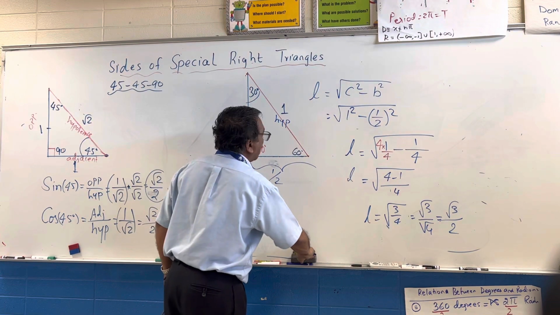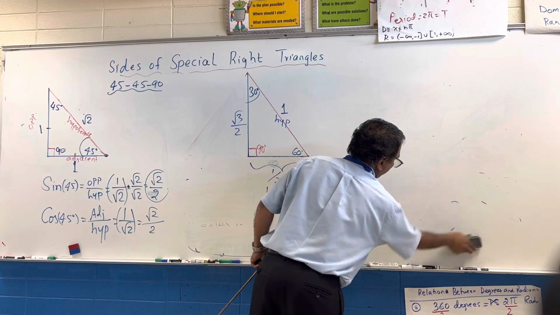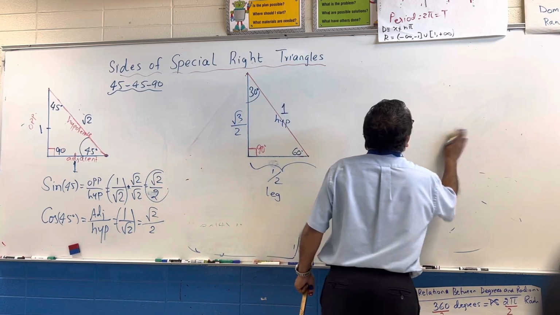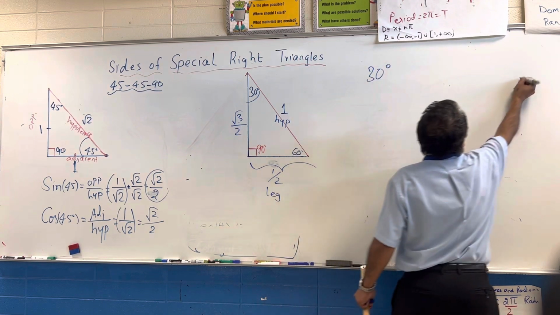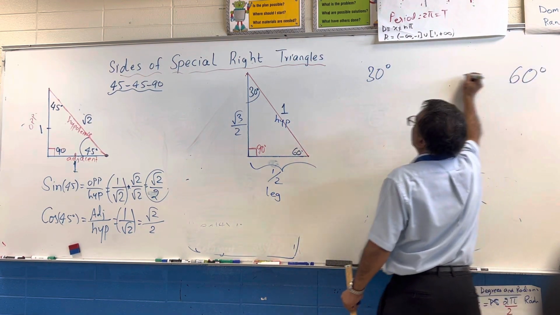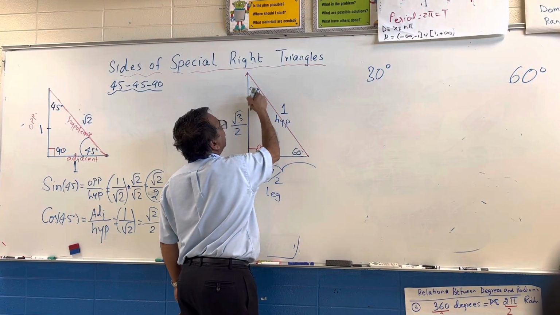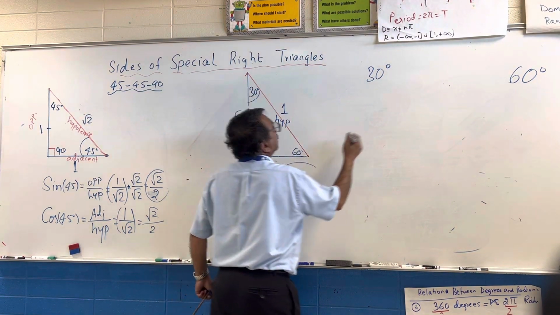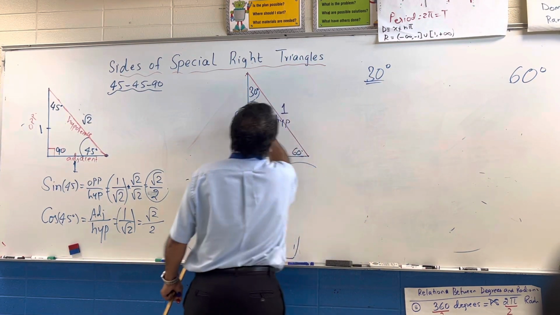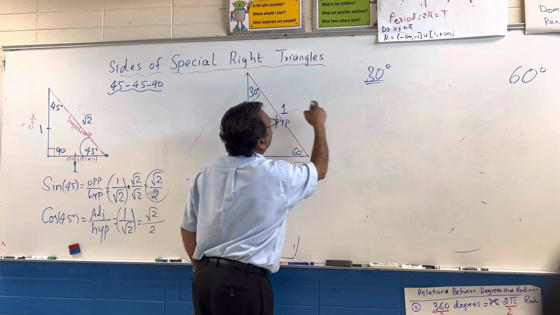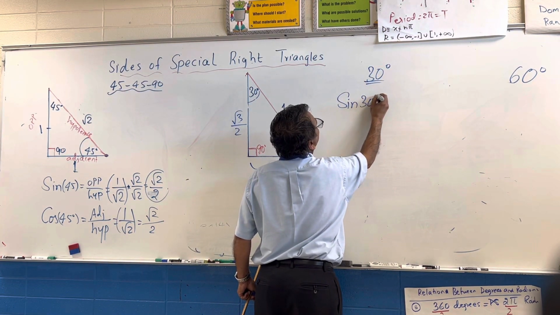Now that we know all three sides, can we write the trigonometric ratios for 30 degrees? Let's do only 30 degrees, and this side I'll make for 60 degrees. The 30 degrees is the one at the top. Let's write down sine of 30 degrees.